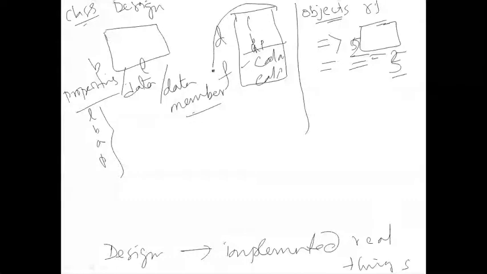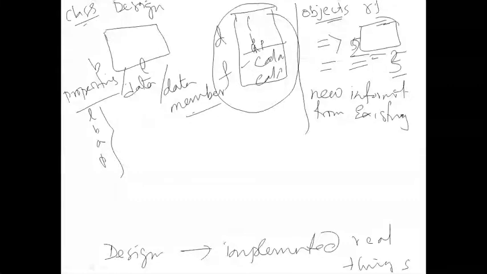So you can now understand the beauty that the real world object rectangle is represented in the computer programming platform, and objects are created. Here this is the object created and we are manipulating the information associated with that object. We want to create new information from existing information.